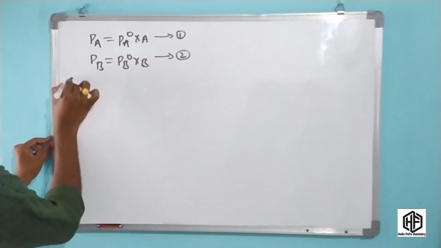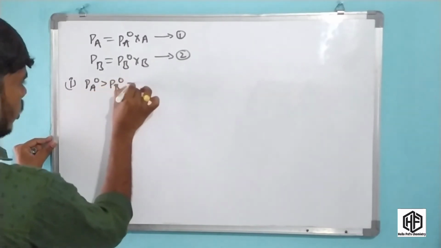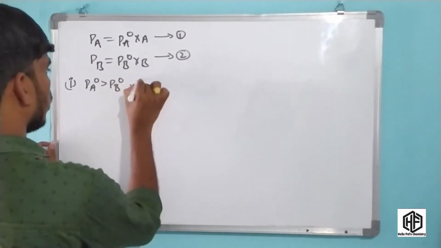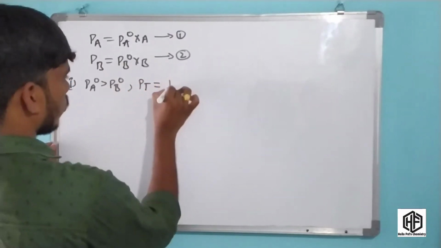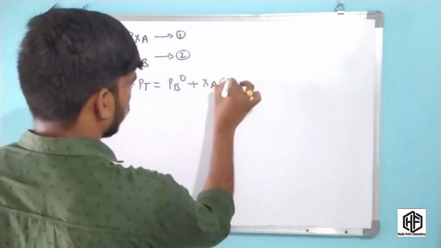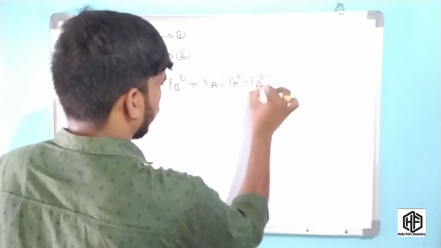Now the condition is PA naught is very high compared to PB naught. Now the equation of the total pressure: PT is equal to PB naught plus zeta A into PA naught minus PB naught.